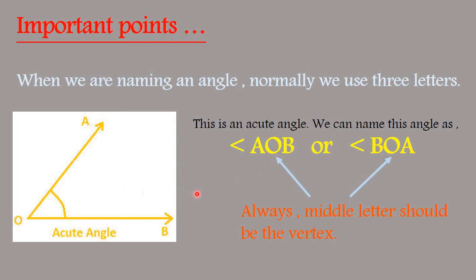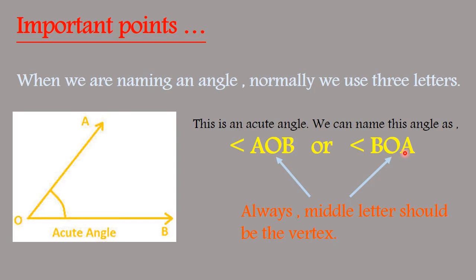One is angle AOB. That means from the anti-clockwise side we can name this angle AOB. From the clockwise side also we can name this angle, that is angle BOA. One method is angle AOB and the other one is angle BOA.